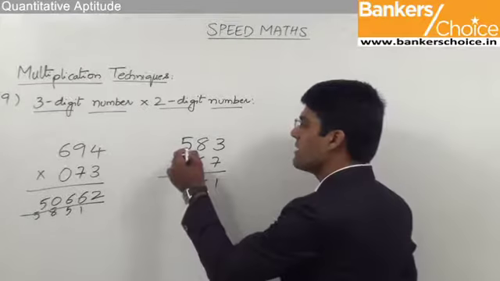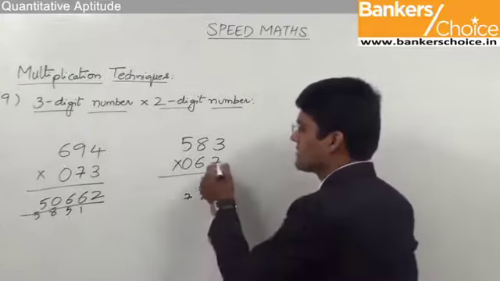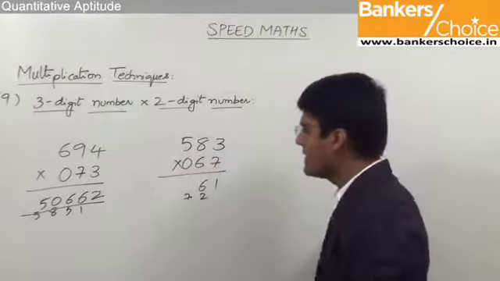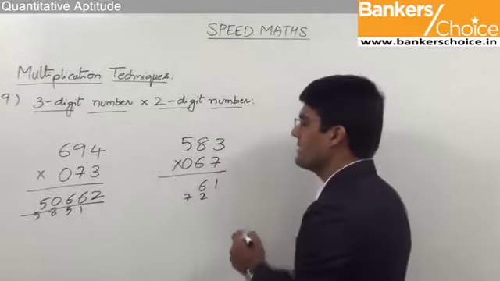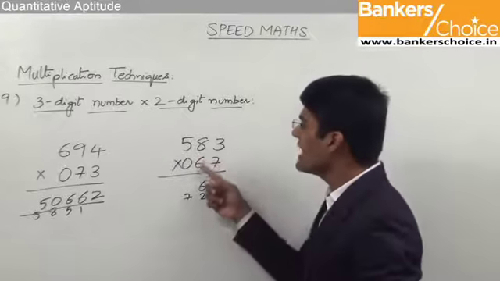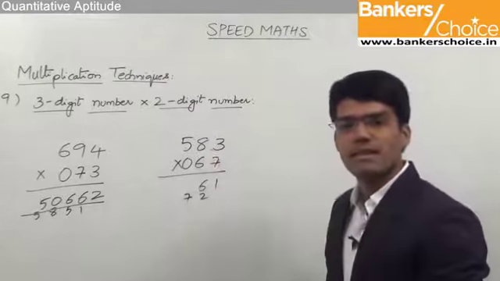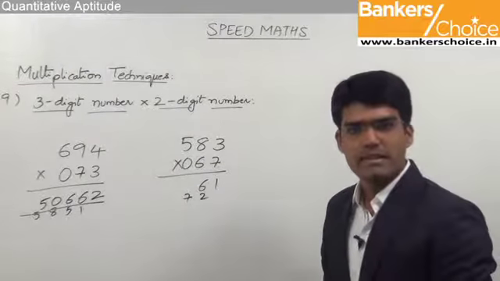The third step is cross multiplication of units place with hundreds place and tens place multiplication. So 7 into 5 is 35 and 3 into 0 is 0. So 35 plus 0 is 35, and the next multiplication here is 8 into 6, 48. So 48 plus 35 is 83. 83 and 7 is the carry. 83 plus 7 is 90.